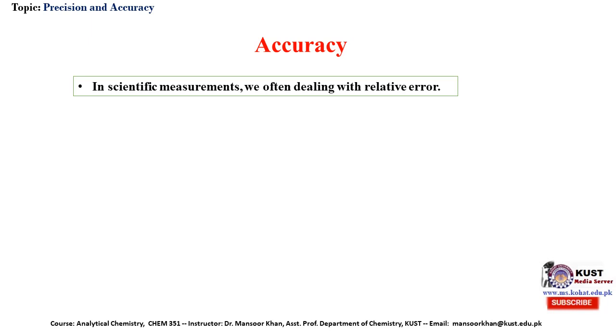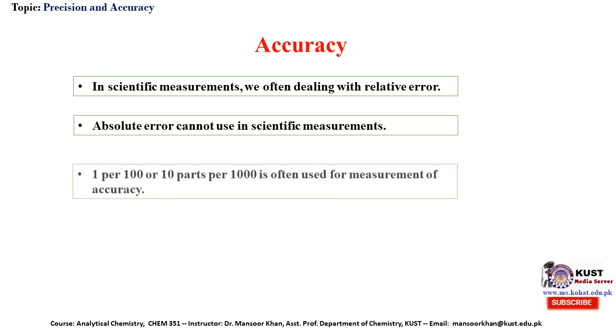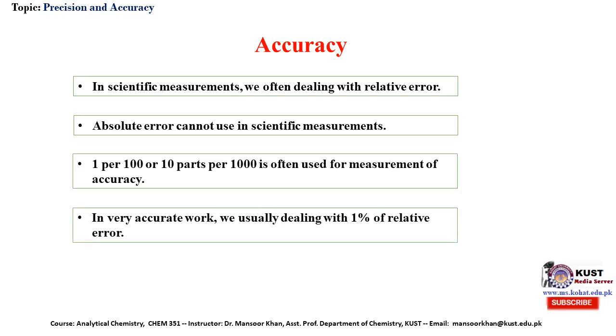One part per 100 or 10 parts per 1000 is often used for measurement of accuracy. In very accurate work, we usually deal with 1% of relative error. It means that 1% of relative error is acceptable in scientific work.